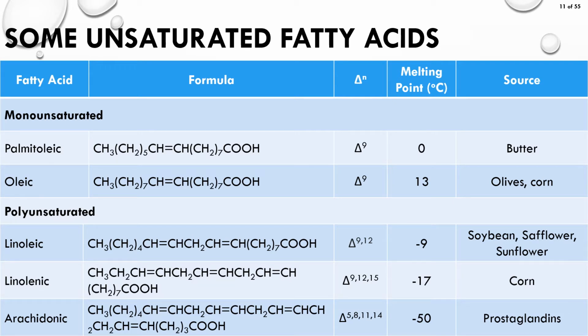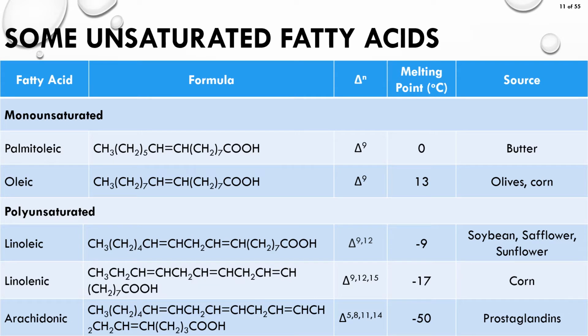Okay, now let's look at their melting points. What do you observe? How do you describe the melting points of the monounsaturated fatty acids? How about the polyunsaturated fatty acids? In the earlier slide, I showed you a table of saturated fatty acids and their melting points.